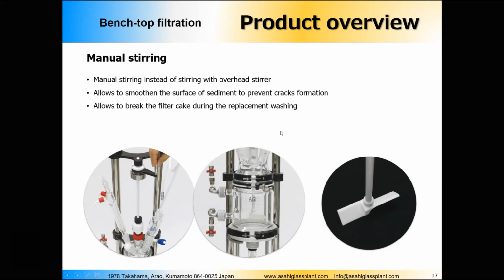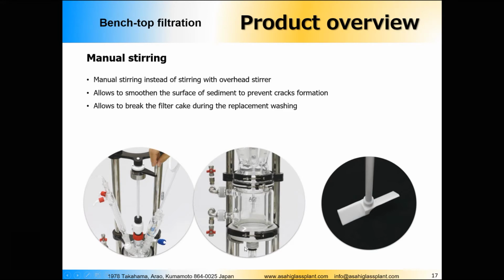So we add some additional pure solvent, which replaces the dirty solvent, dirty reaction mixture, when we do the filtration. And in order to do this efficiently, we need to stir the filter cake with the solvent before we apply the vacuum and filter.